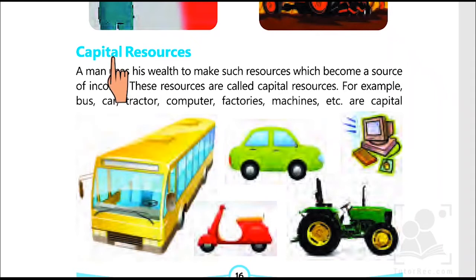Capital stands for the income which we generate. So if you know any person who is a cab driver, taxi driver, bus driver, or auto driver, the vehicle the person is using is a capital resource, right? Similarly, tractor, computer, factories, machines are all capital resources, as you can see here in the picture.